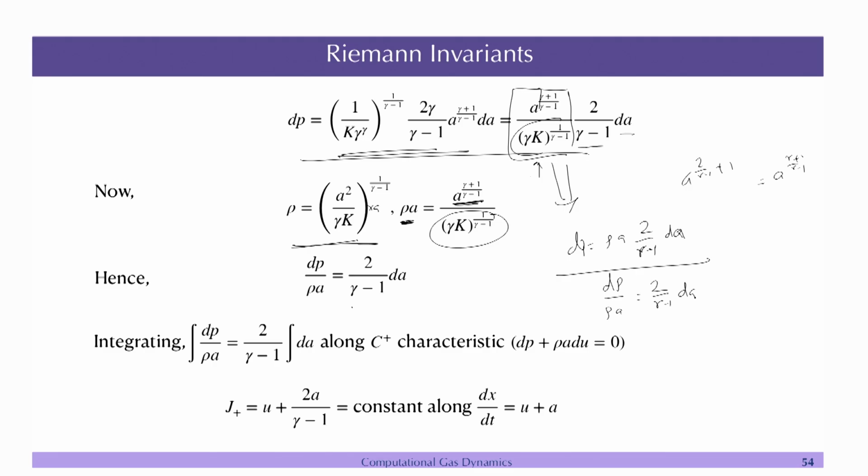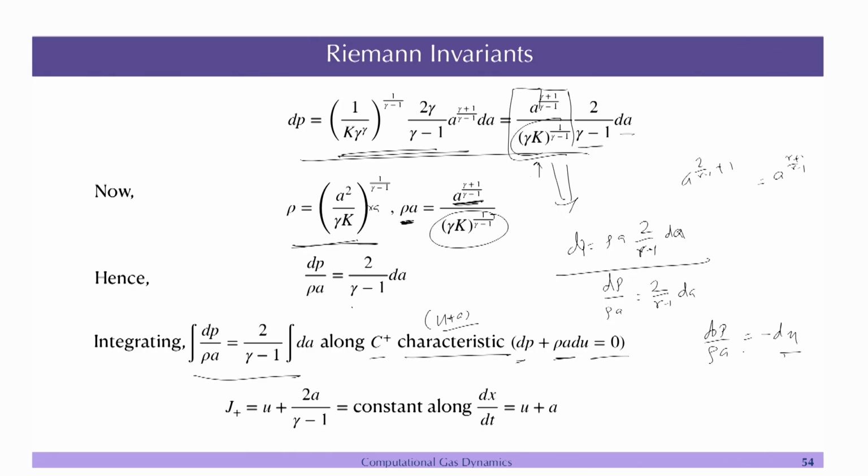Now, we will integrate it along the different characteristics that we have. So, let us say you are doing the C plus characteristic, which is basically u plus a, right. You know this characteristic dp plus rho a du equal to 0, right. So, basically dp by rho a is equal to minus du.